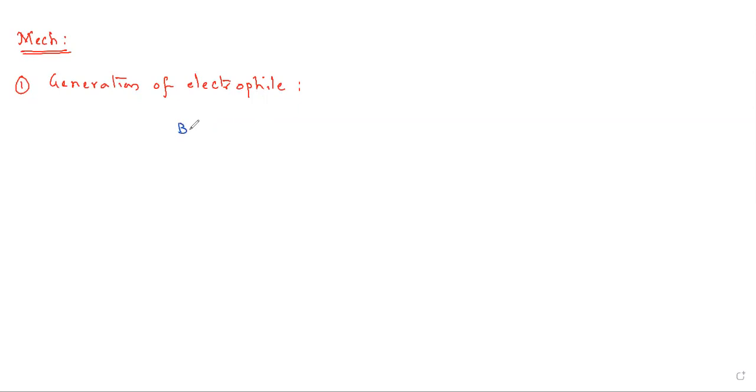Now in the first step, let us take bromine along with ferric bromide. You know, ferric bromide is a Lewis acid, right? Lewis acid is an electron pair acceptor. And you know, this Lewis acid is simply used for the generation of electrophile. Very important. Why is Lewis acid used?